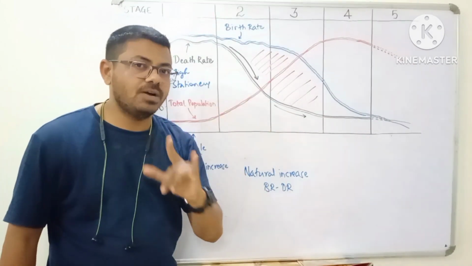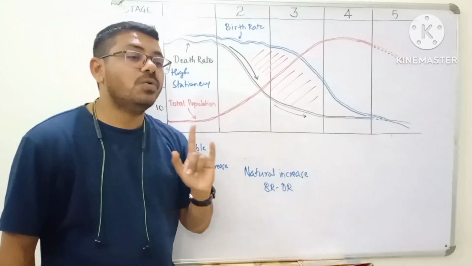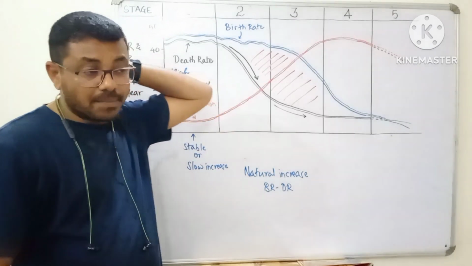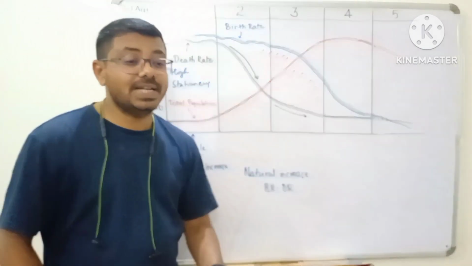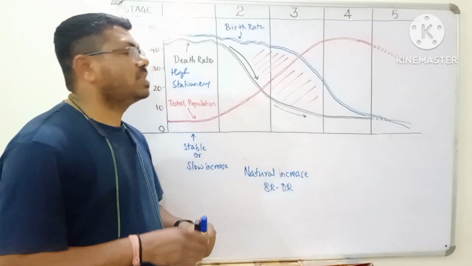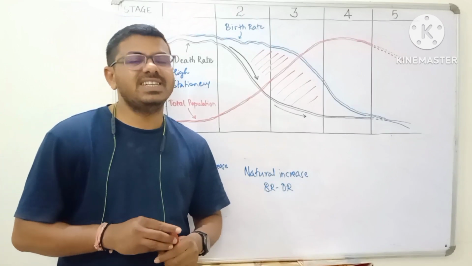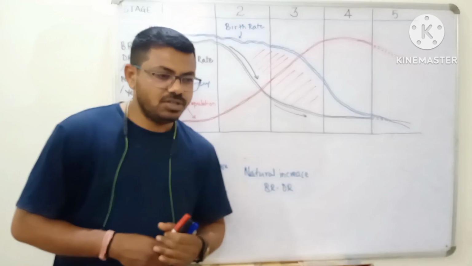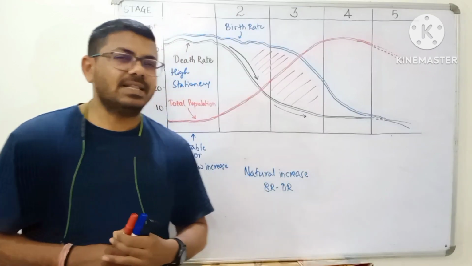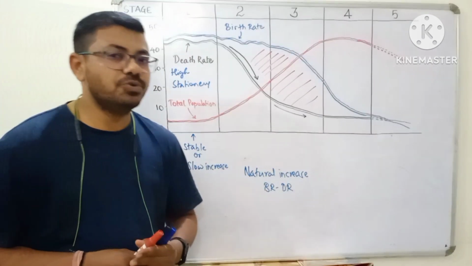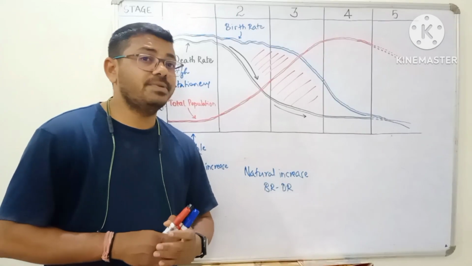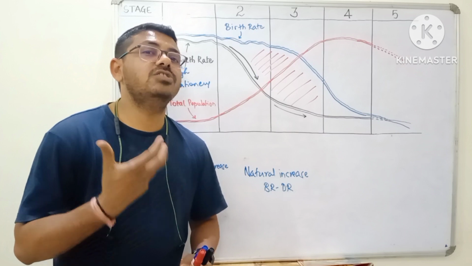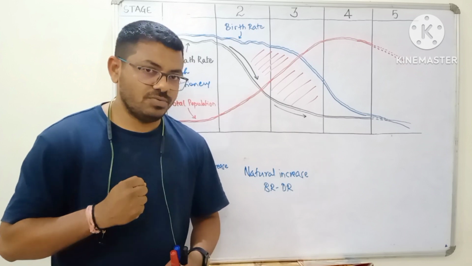But now this is the time period, third stage, where birth rate has also started falling. Why? Because of certain developments in stage 3. What are the reasons behind the change in birth rate in the third stage? Medical facilities improved. Because of improvement in medical facilities, infant mortality rate also came under control.